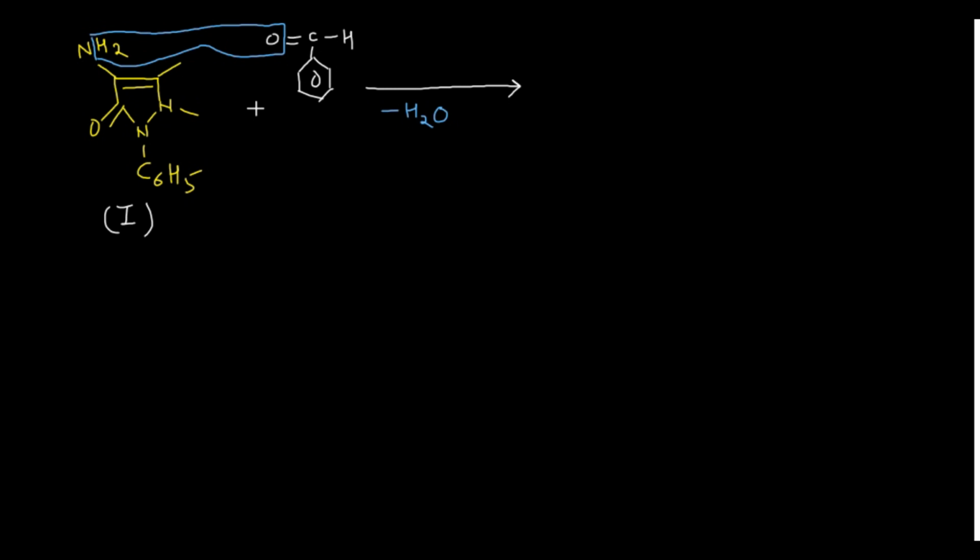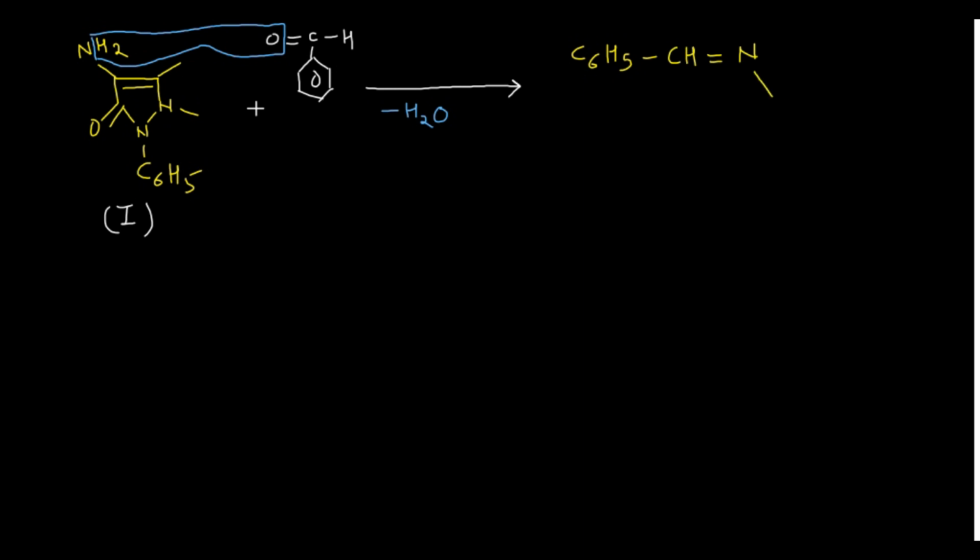Now what will you have after this reaction? This is your C6H5, and then your CH double bond nitrogen. There is no problem in that.